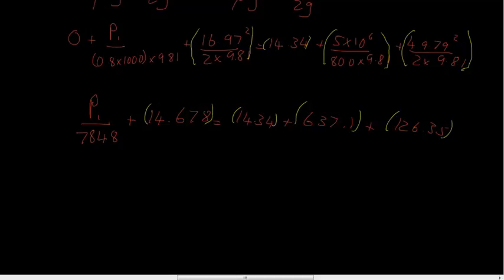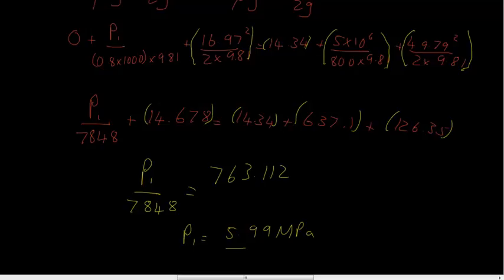So I've just given all those a figure. Then it's as simple as adding these three up, minusing this one, times it by that, and that will give us a value of P1. So P1, one more step just to make it clear, over 7848 is equal to 763.112, and that gives us a figure for P1 of 5.99 megapascals.